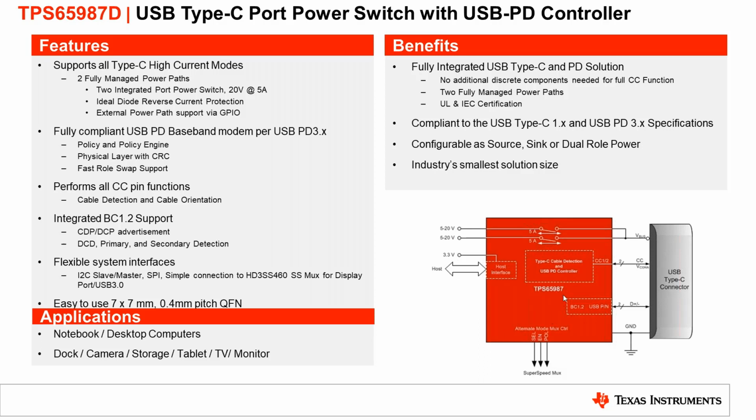The TPS65987D also has configurable GPIOs. So in case your slave devices cannot be controlled by I2C, you can use GPIOs to control those devices as well. So everything you need for a fully managed USB Type-C and PD port is integrated within this chip, and this chip can meet all of your USB Type-C and power delivery needs.